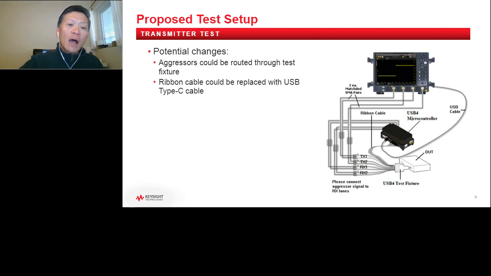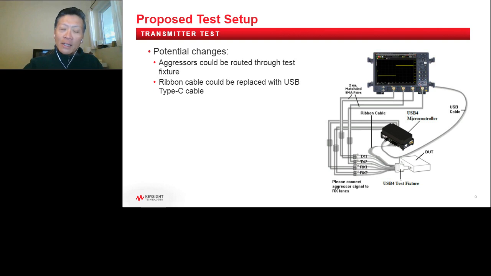Now on the test fixture side, you see two pairs of outputs, TX1 pair, TX2 pair, because it's in by 2 mode, so all 4 signals, 2 TX pairs, go to the 4 input channels on the scope. But you'll notice in this proposed method, there are signals going now to the RX pins of the fixture to go into the DUT. These are the aggressor crosstalk pins, and they are provided by the USB 4 controller.